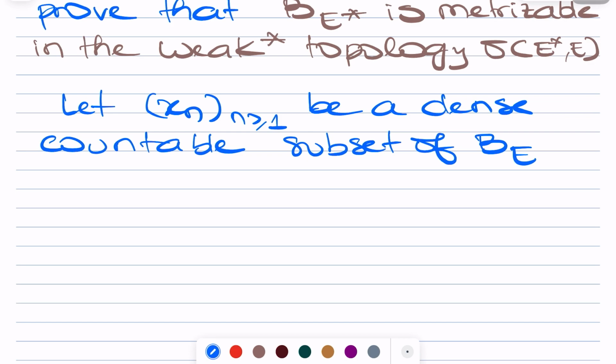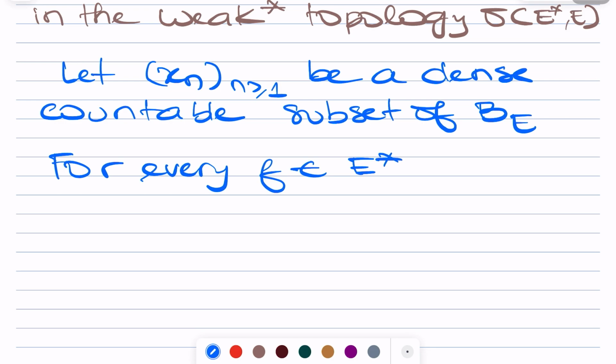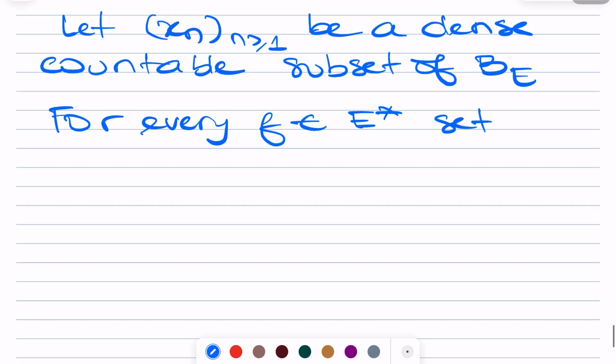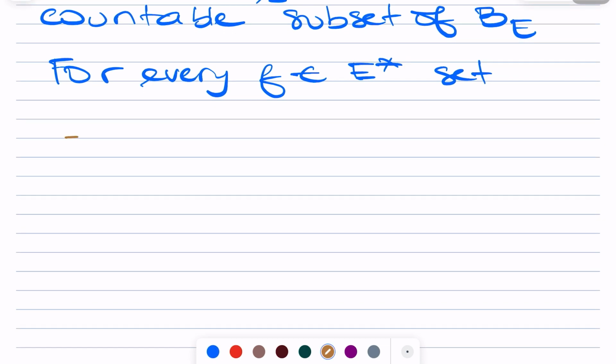So for every bounded linear operator f, this is how we define our metric. We call it the norm of f, with square brackets just to make the difference.